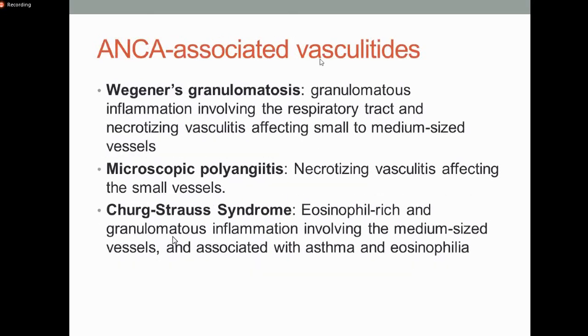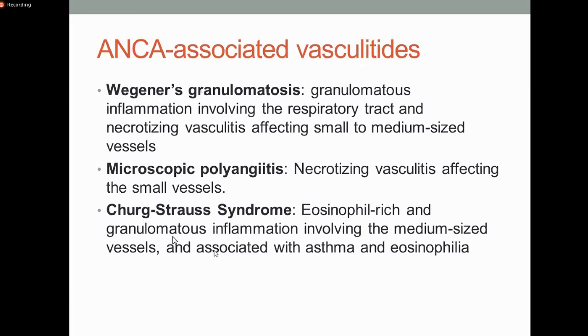ANCA-associated vasculitis is another classification. I told you about the calibers, and we can also classify by immune complex association, like ANCA-associated: Wegener's granulomatosis, microscopic polyangiitis, and Churg-Strauss syndrome. Wegener's is a granulomatous inflammation involving the respiratory tract. In addition, it also involves necrotizing vasculitis of vessels which are small to medium size, and microscopic polyangiitis affects the small vessels.